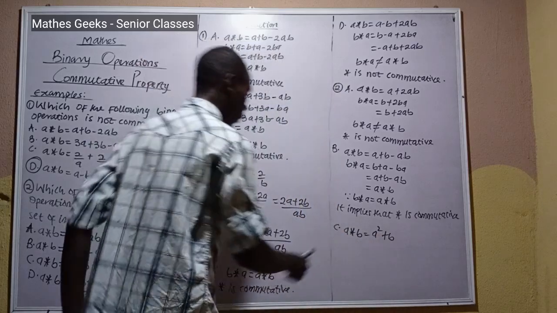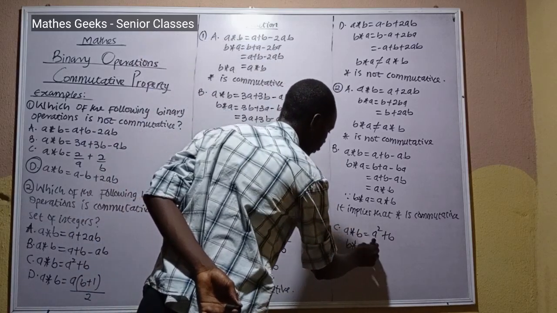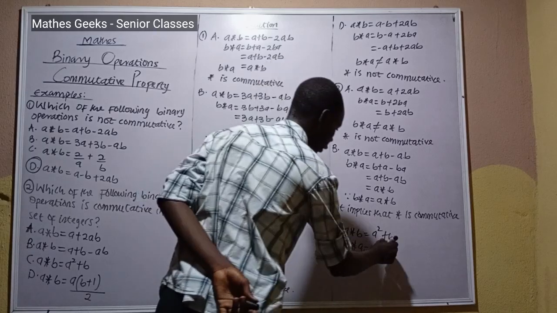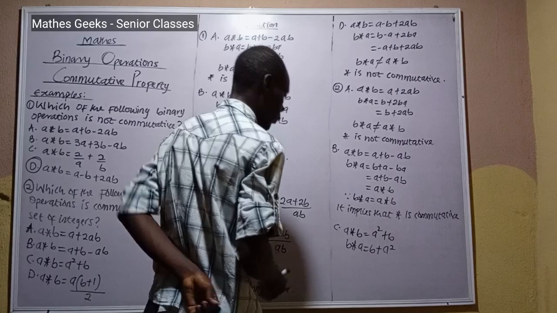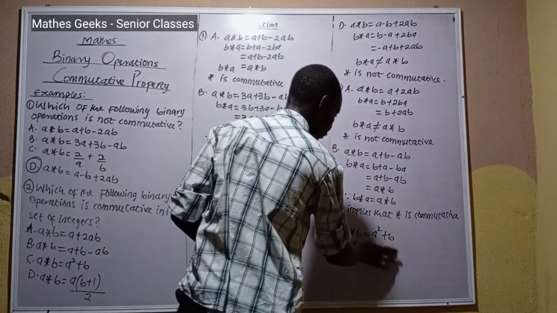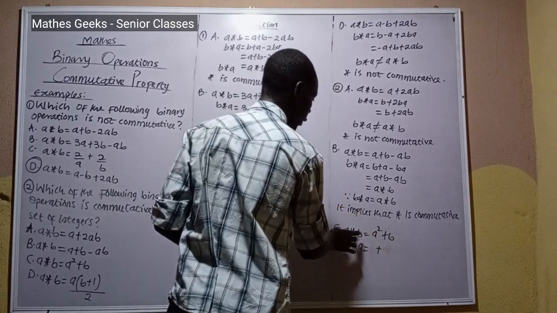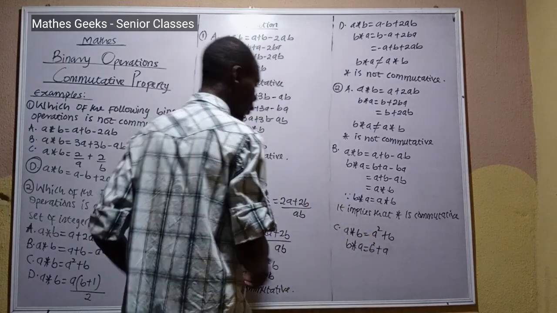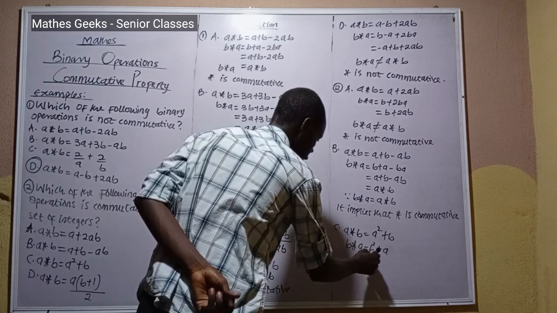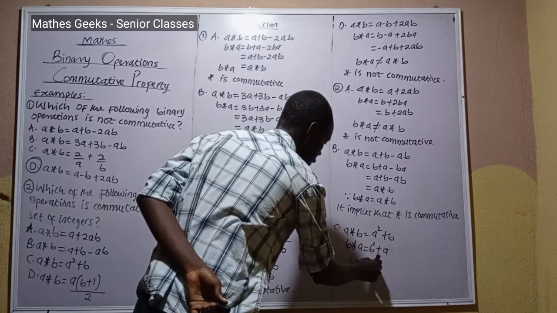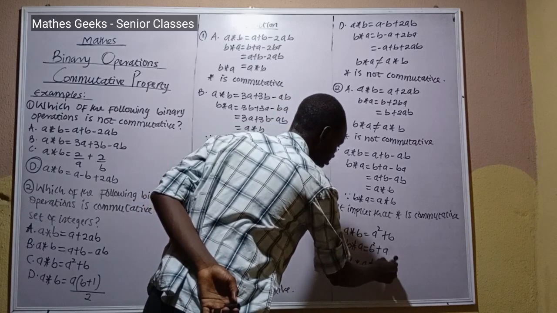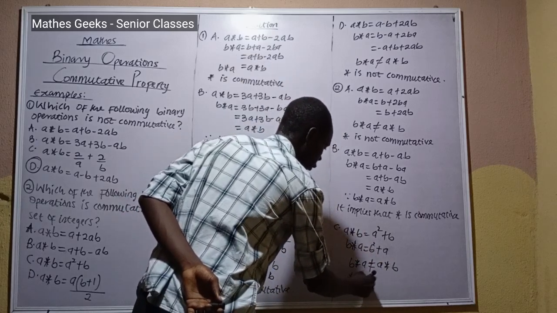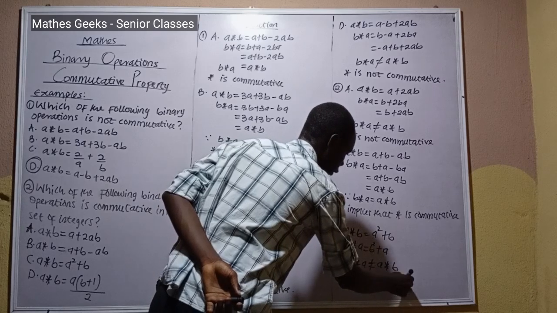And then b star a is equal to b squared plus a. So this implies that b star a is not equal to a star b. So star is not commutative.